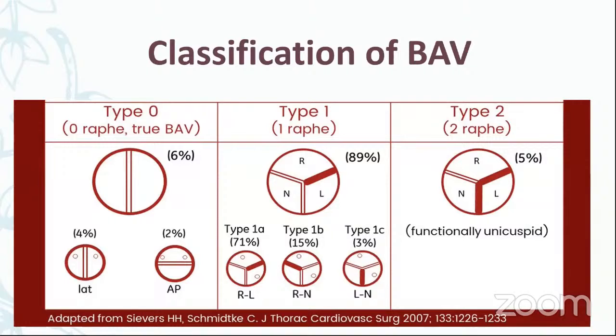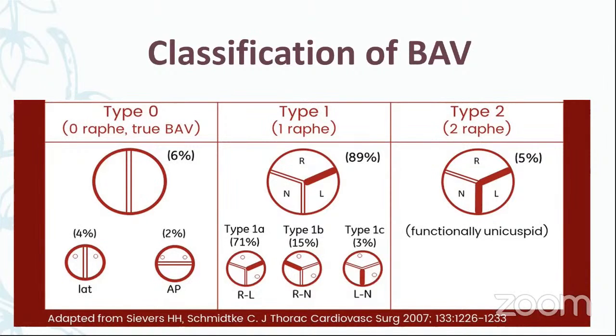What you do first is you screen them for the presence of bicuspid aortic valve or what? Aneurysms. So not necessarily that the first degree family member will have a bicuspid aortic valve, but surely they can have aortic aneurysms.